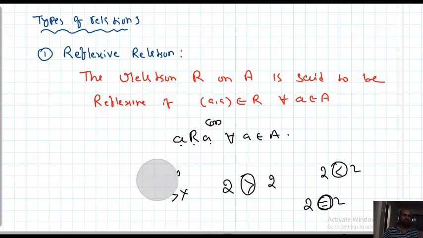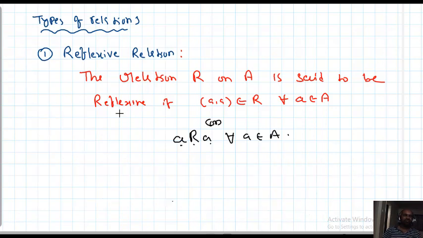Now one more thing. Take triangle 1, and on this side also triangle 1. You want to write some relation between triangle 1 and triangle 1. Equality is right. Triangle 1 equal to triangle 1 is true only, no? That's why equality is a reflexive relation. Instead of this, you write the congruency symbol. Triangle 1 is congruent to triangle 1, true, correct only, no? That's why congruency is also a reflexive relation.